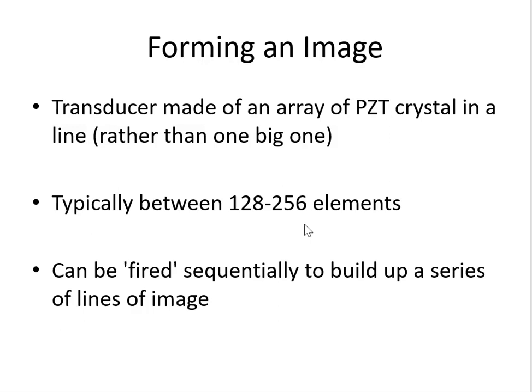So you don't fire them all at once. You fire one at one end first, and then fire one a little bit further down, and then subsequently another one. And you let one batch of ultrasound signals penetrate the tissue and bounce back, and then very soon after fire the next array and the next array.